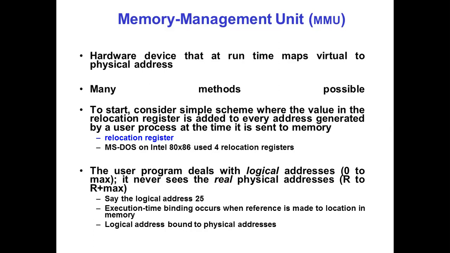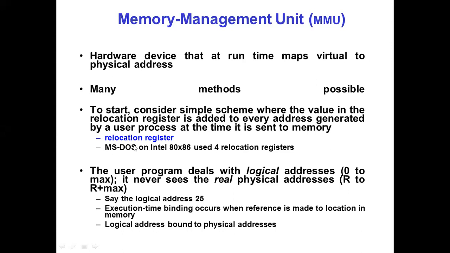And your process will go to the memory. At the same instant it will go to the MMU, the memory unit, and there we will get the physical address. Earlier, during the CPU stage, it generates the logical address. There are a number of methods we will use for this. Now there is the involvement of the relocation register, and MS-DOS on Intel 8086 uses four relocation registers.